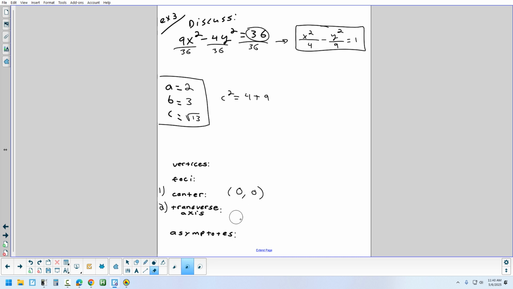Okay. What are going to be the equations of the vertices? Equations of the 2 vertices. Yep. Plus or minus 2, 0.